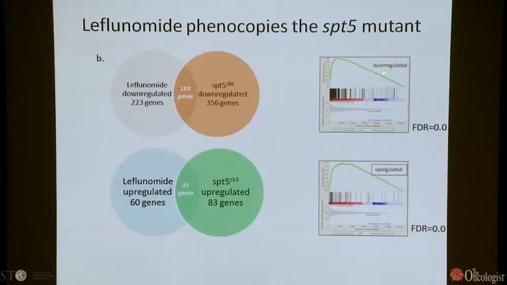On both the down and the upregulated plot, we can see an almost complete recapitulation of SPT5 mutation by our drug. And we have other data that I don't have time to show that shows that leflunomide essentially acts as a complete loss of function of the SPT5 transcriptional elongation factor.